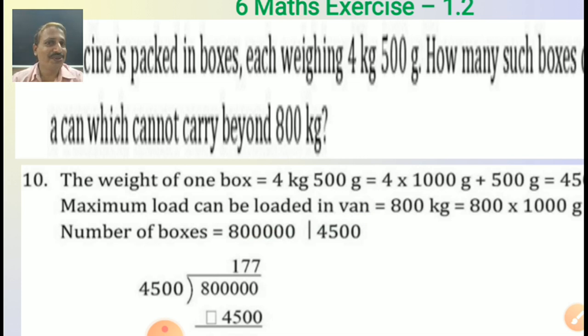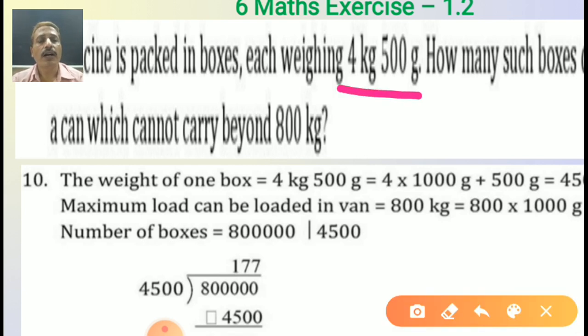Not understood? Yes, I know very well. Read the question once again. Medicine is packed in a box. Have you seen the medicine? Tablets. Yes. That box of medicine weighs 4 kilogram and 500 gram.